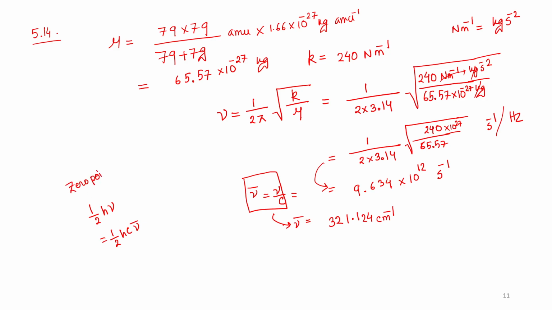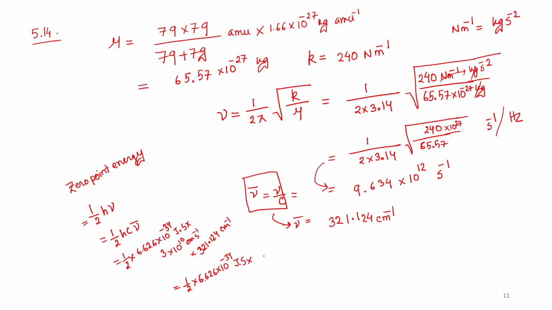Zero point energy of a harmonic oscillator, so half into 6.626 into 10 to the power minus 34 joules second into c nu, which is nothing but that value, 9.634 into 10 to the 12 second inverse. Second inverse, so it will be in terms of joules.